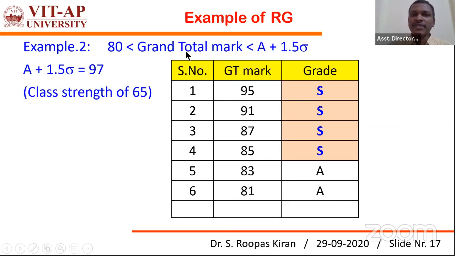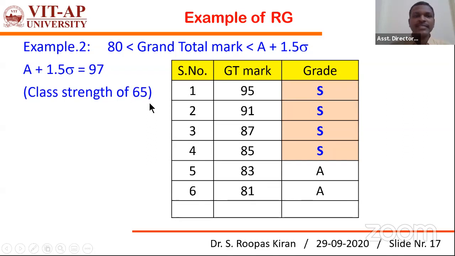If the total mark is less than A plus 1.5 sigma, but still a minimum of 90 is there, then what happens? As I said, the absolute condition will come into the picture. So the top 5% or top 3 students.